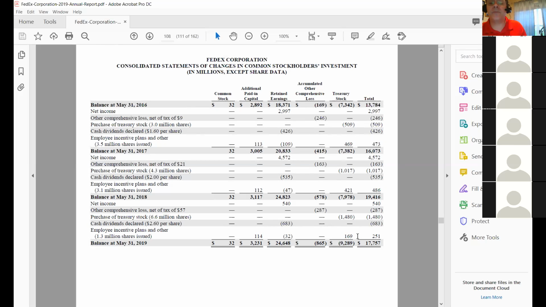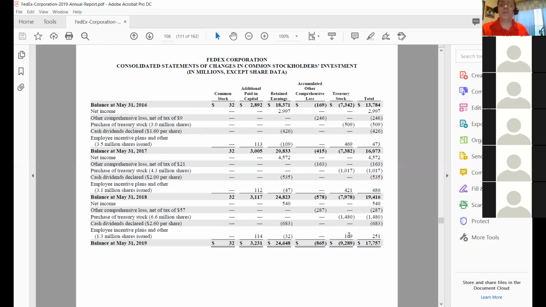We buy them from the regular shareholders, and in this case, we have a big pile of them. Then when the employees get rewarded, we take them out of that pile, because we could either take it out of that pile or we could print up some brand new ones. If they were brand new ones, we would increase common stock.